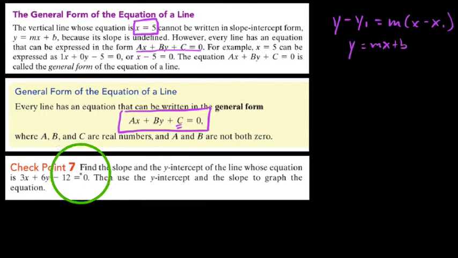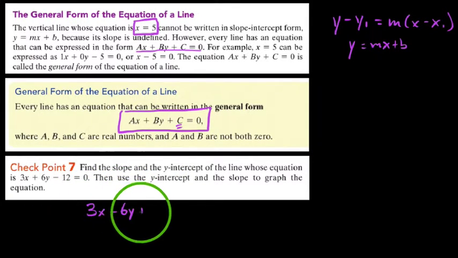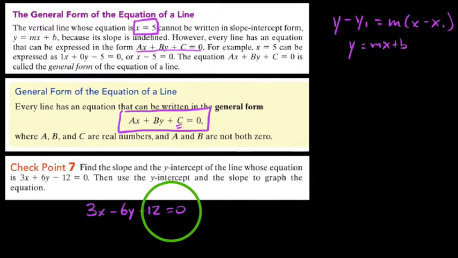Taking a look at checkpoint 7, it says find the slope and the y-intercept of the line whose equation is given in general form as 3x plus 6y minus 12 equals 0, and then use the y-intercept and slope to graph the equation. If we want to find the slope and y-intercept, the best way, if it's convenient, is to isolate the y value.